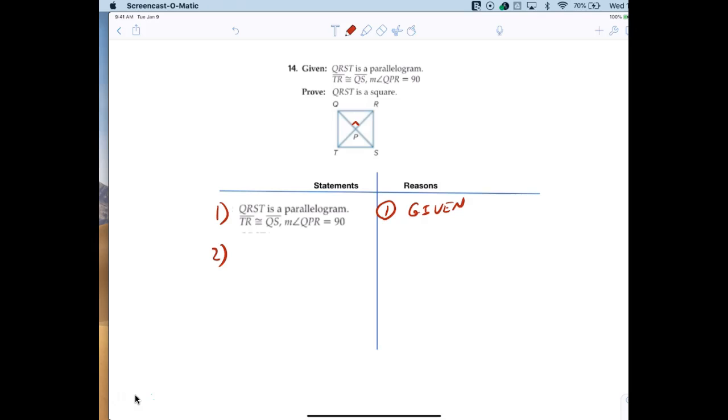And if the diagonals are both congruent and perpendicular, then the parallelogram is a square. I don't think that was that bad.